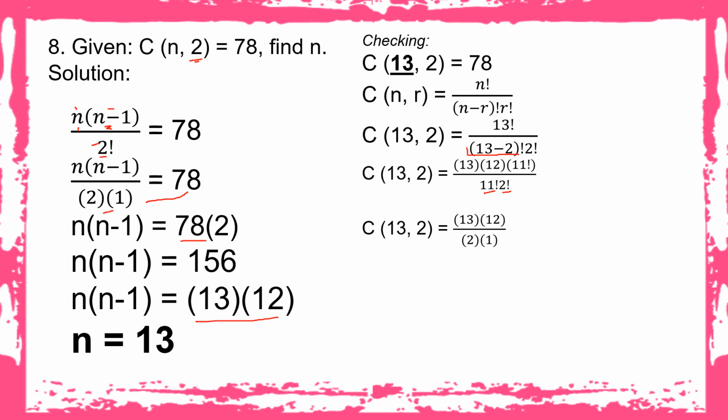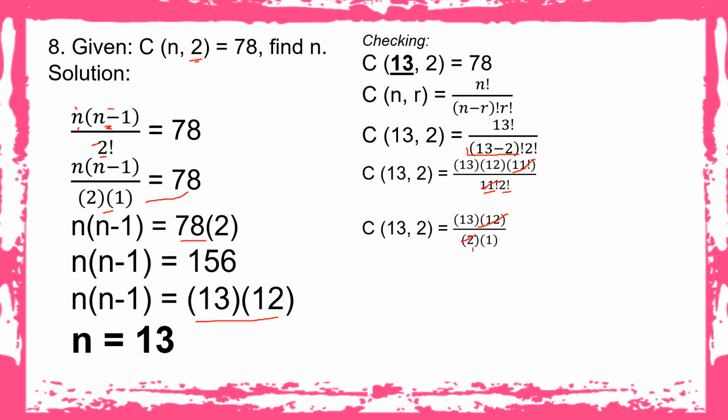So we can now cancel 11 factorial and in our denominator 11 factorial. So the only remaining numbers are 13 times 12 over 2 times 1. And then we can divide 12 and 2 by 2.